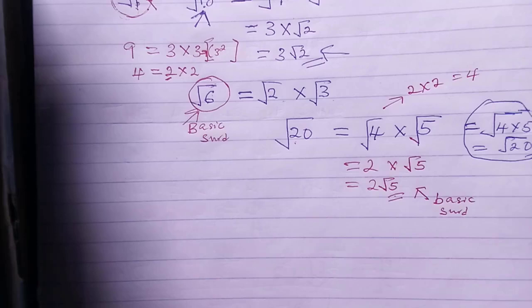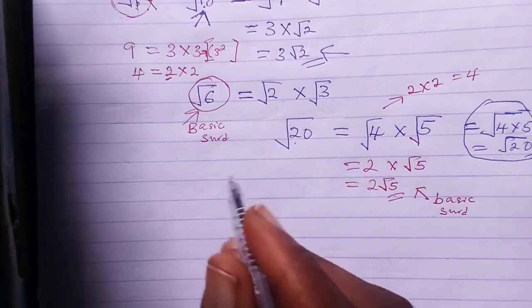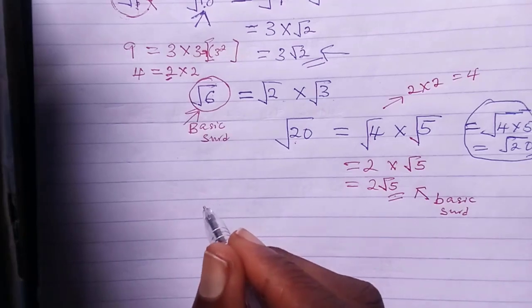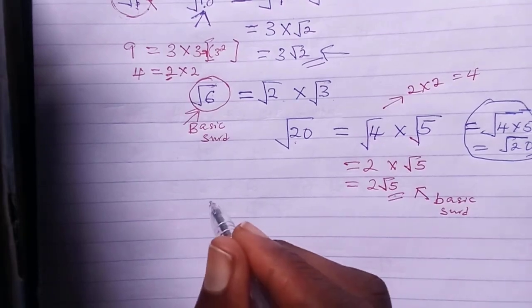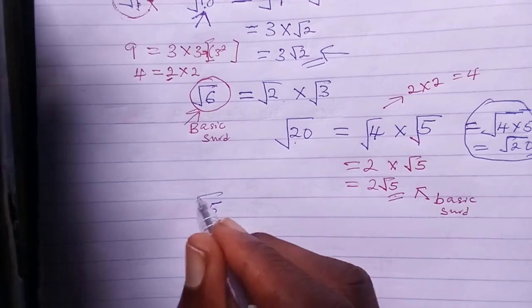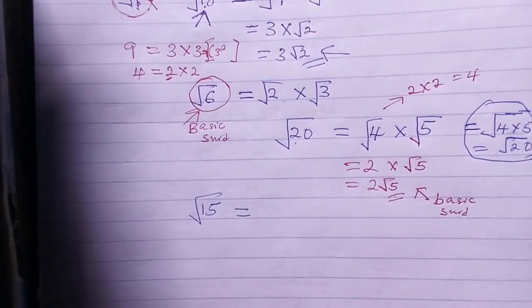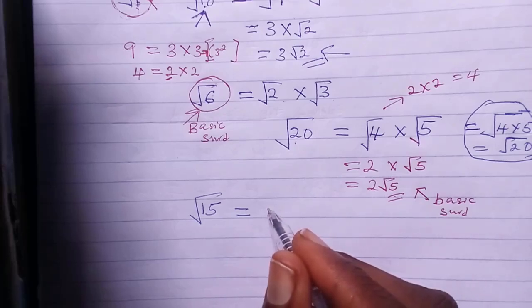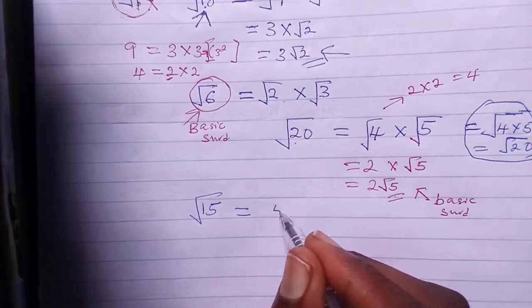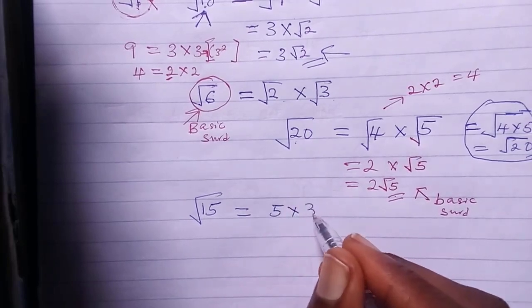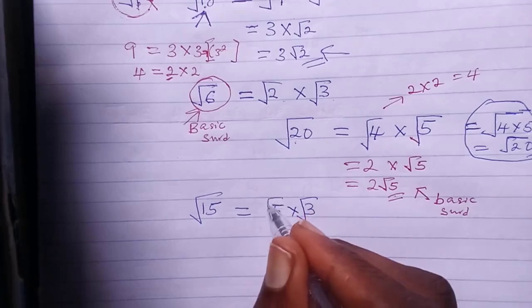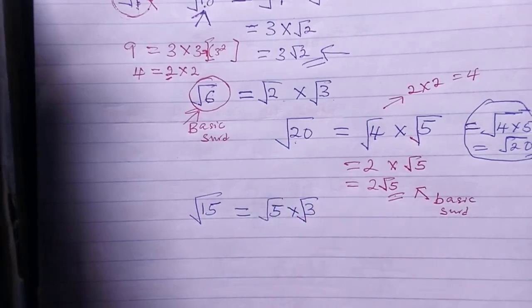All right. So what about, let me say, root 15? Let's check if this is a basic surd or not. This is giving us 5 times 3, root 5 and root 3.